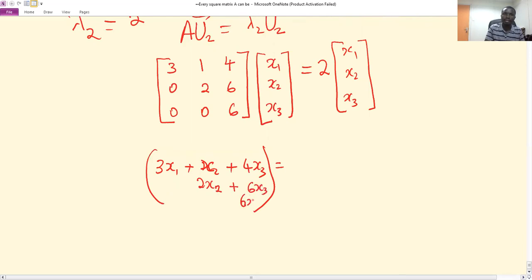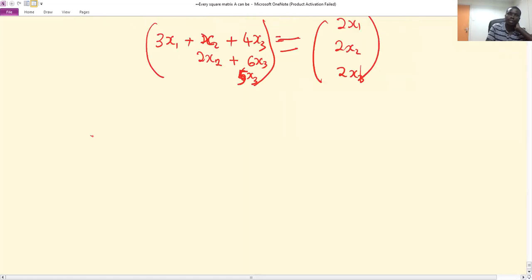And then 5x3. This should give us 2x1, 2x2, 2x3.